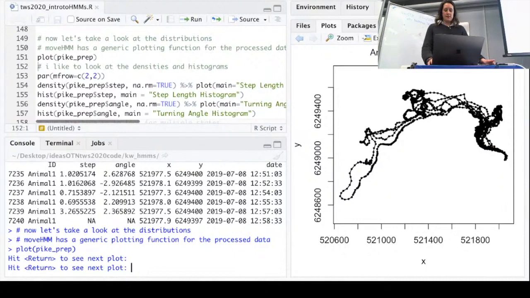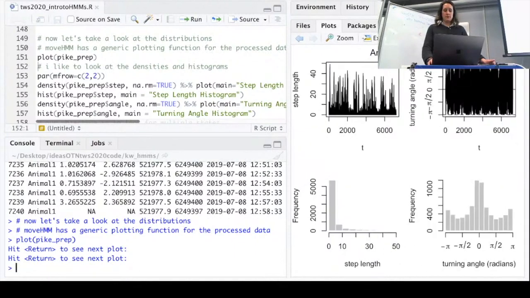There's our data set for animal 1. These here are the step lengths and the turning angles between minus pi and pi over time. So you can see here that we do vary quite a bit. We have a lot of large step lengths, and then we have some, again, it looks like residency periods where these step lengths have really decreased.